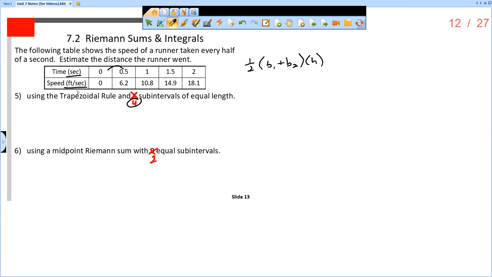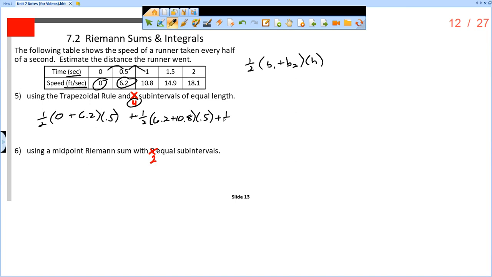So we're going from 0 to 0.5. We're going to take 1/2 base 1. The height on the left is 0 plus the height on the right is 6.2, times the width of the interval, 0.5. Plus half of, now we have 6.2 to 10.8, and then times the width of 0.5. Remember, 0.5 to 1.